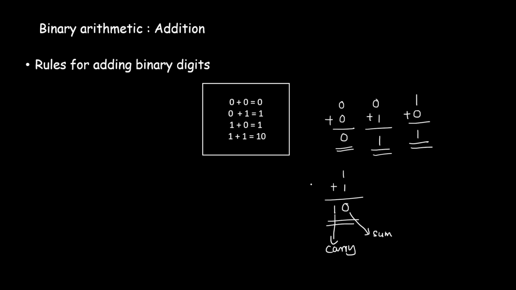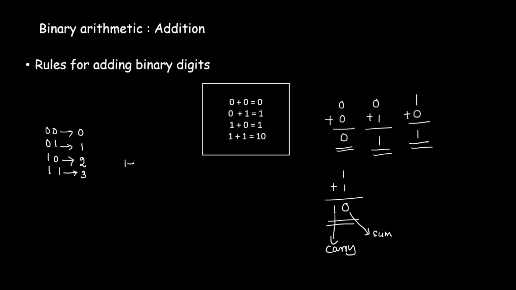If you look into this result thoroughly, we have discussed how to represent a 2-bit binary number. 2-bit binary numbers can be represented in 4 different combinations. This is my decimal 0, this is my decimal 1, this is my decimal 2 and this is my decimal 3.